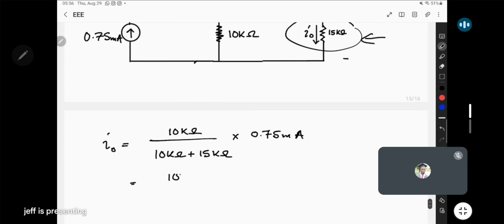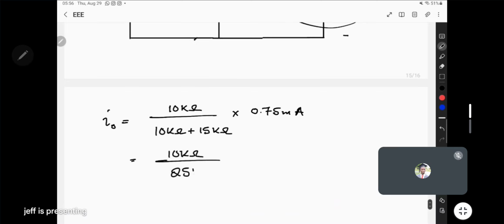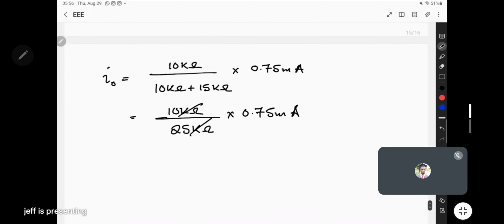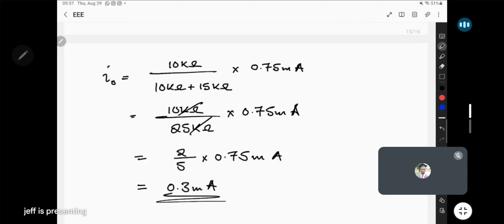This becomes 10 kilo over 25. The units will cancel here, leaving only the units from the current. And in the end, this will be 2 over 5 by 0.75. So yes, this will be 0.3 milliamps. So that will be our I0.